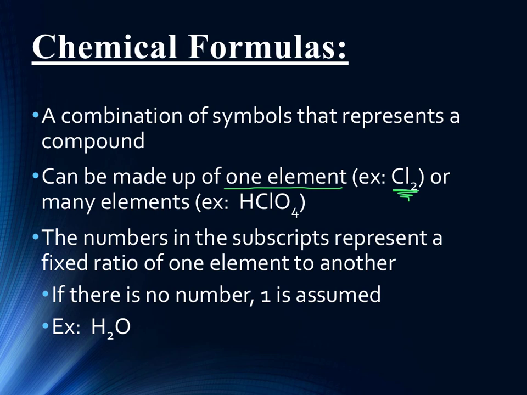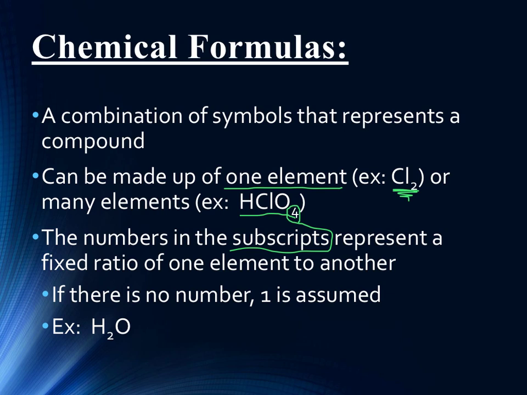Or a chemical formula can have many elements, like HClO4, which has an H, a Cl, and 4 O's, or 1 hydrogen, a chlorine, and 4 oxygens. The numbers in the subscripts are the tiny little numbers, like that little 4 right there in HClO4. They represent a ratio of one element to another, and if we have no number, it is assumed that the number 1 is there.